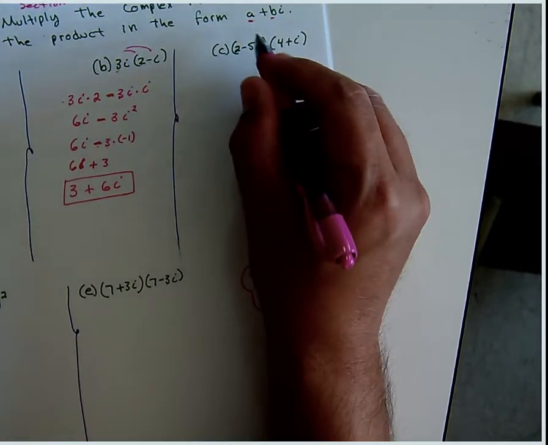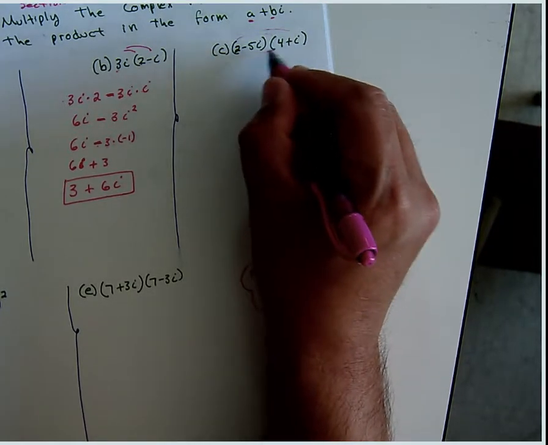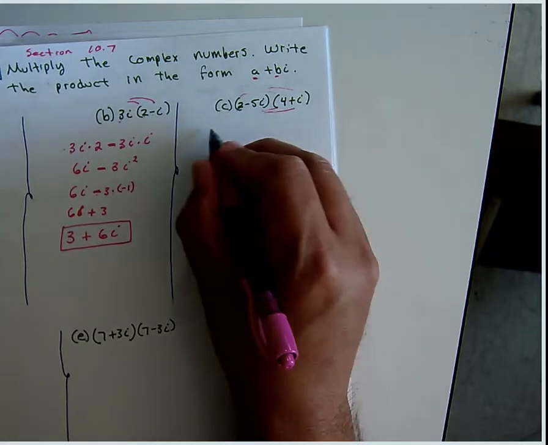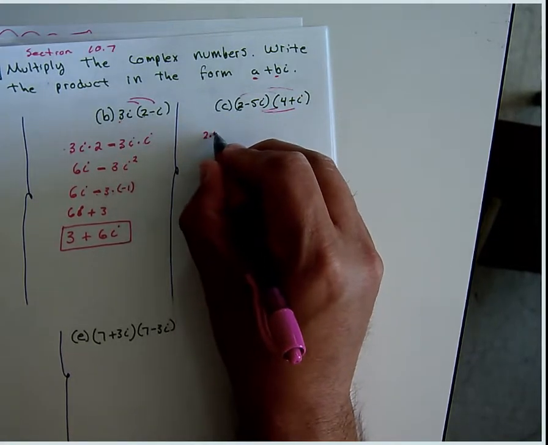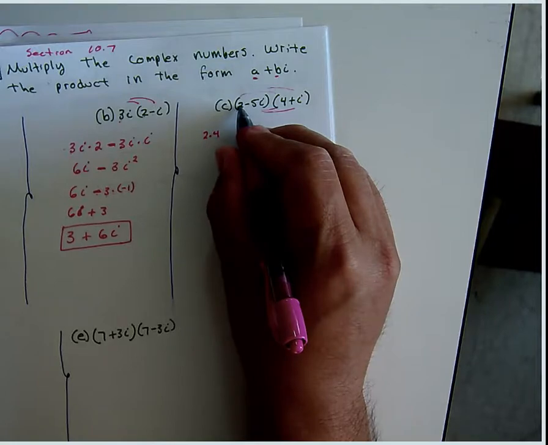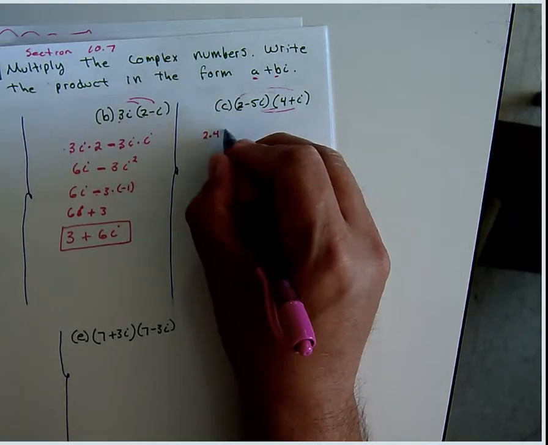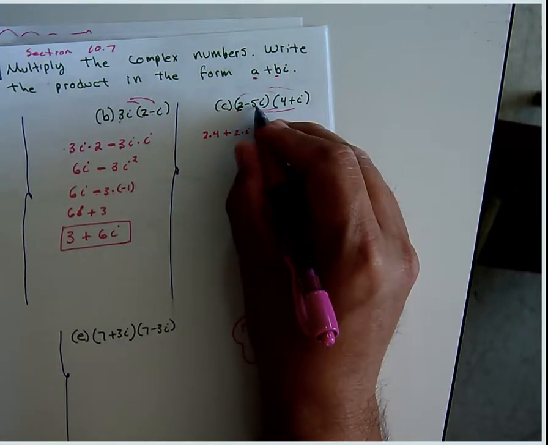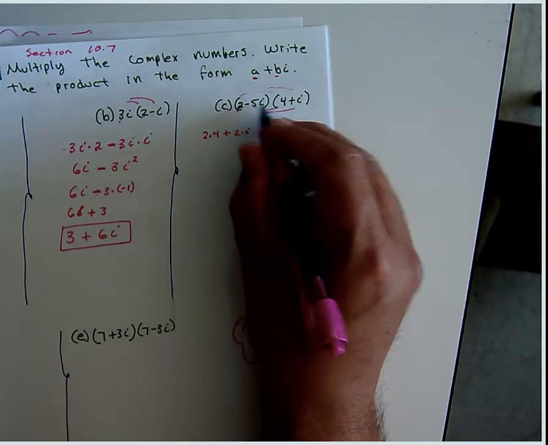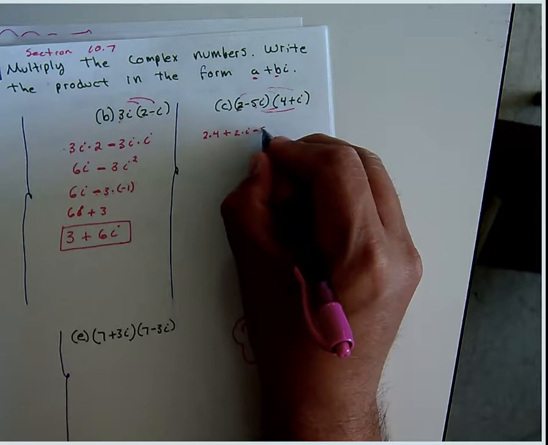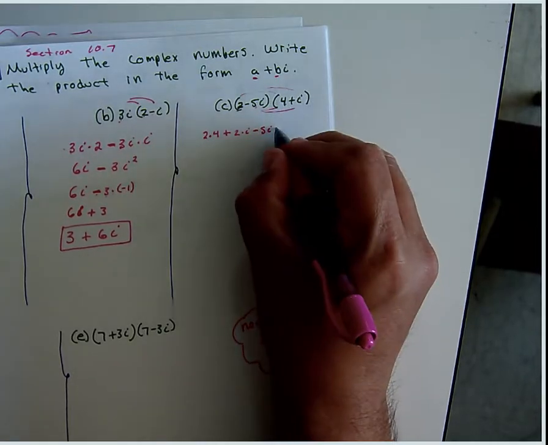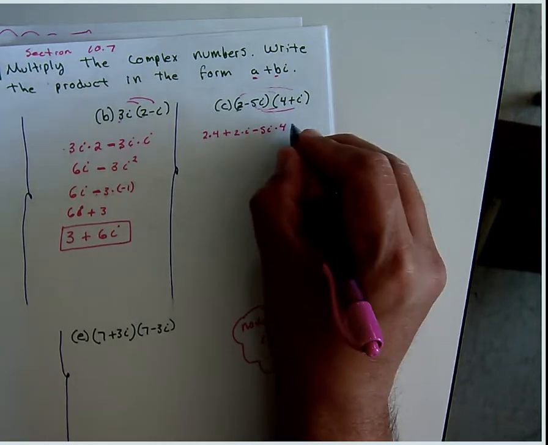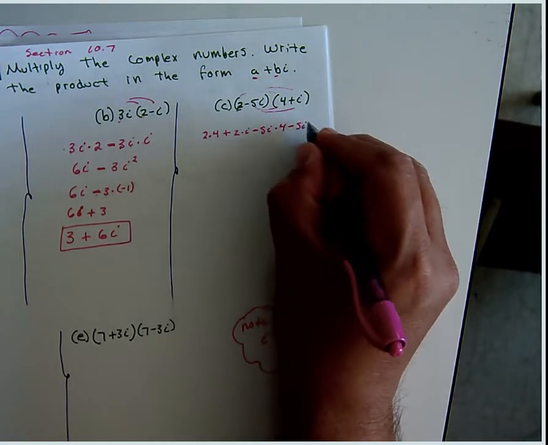Now this one, you're going to use the FOIL. So 2 times 4, and then 2 times, so positive, positive, so positive, 2 times i. Then the one inside, negative, positive, so negative 5i times 4, and then this one, negative, positive, so negative 5i times i.